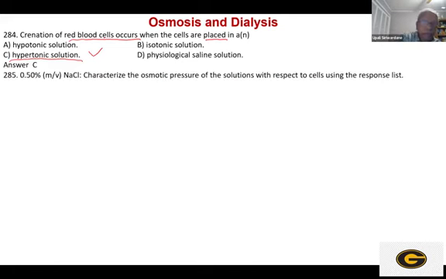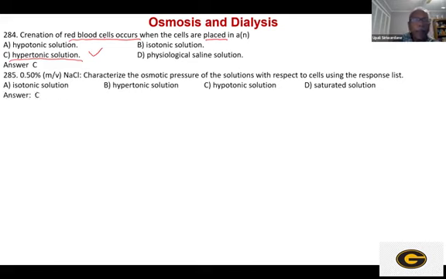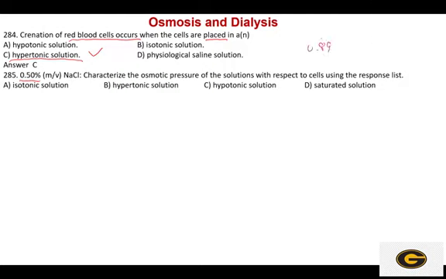If you have a 5.0 or 0.5 molar solution, we talked about saline solutions, which is 0.89 weight by volume.